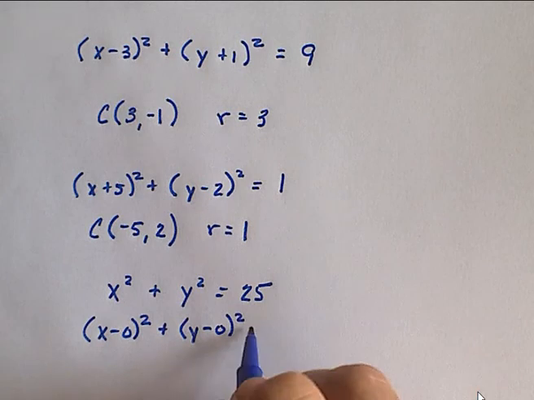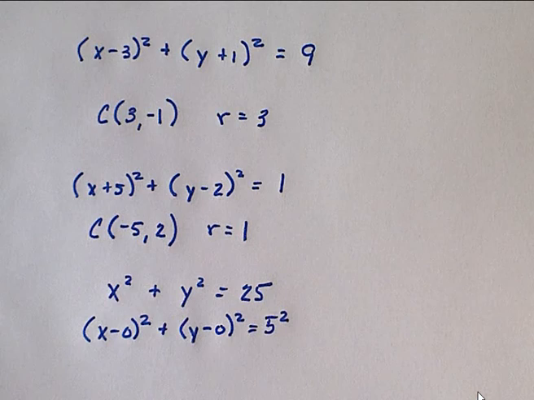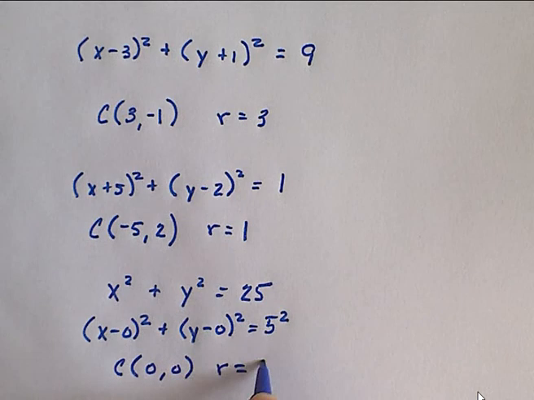And the 25 is the same thing as 5 squared. So look what you got. You have a center at (0, 0) and a radius of 5. So they'll do some of that to you.